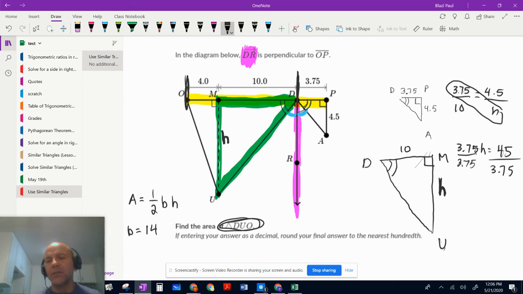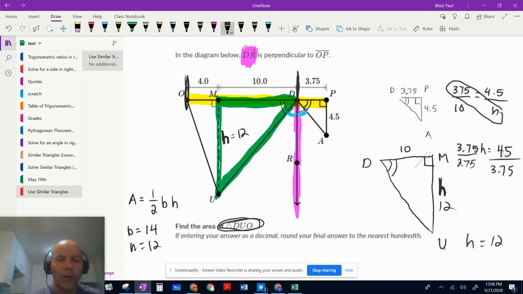And how many times does 3.75 go into 45? Raise your hand if you have the answer. 12 times. Okay, so H equals 12. So this is 12. H is 12. Boom. Okay, cool beans. H equals 12.